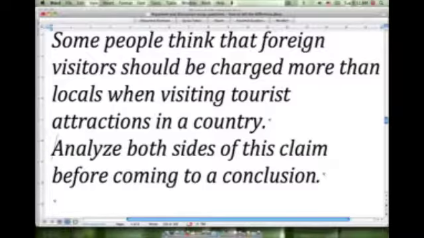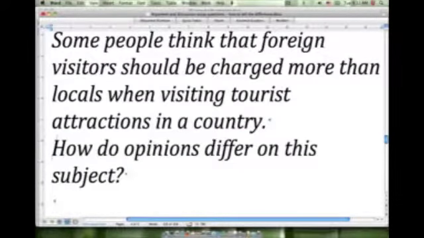So basically we're being asked to look at both the argument that supports this and the argument that refutes this, and then we're being asked to come to a conclusion, which just means to present our opinion. So this would be a discussion style of essay. Okay, let's try another one.